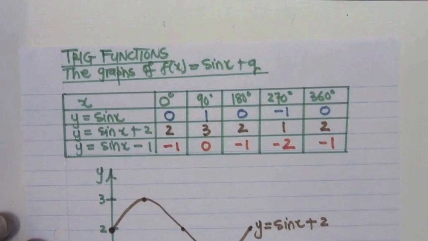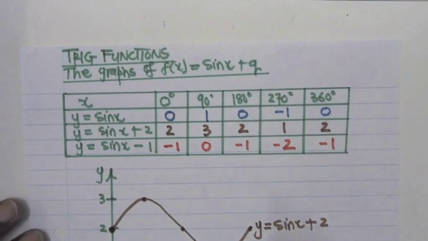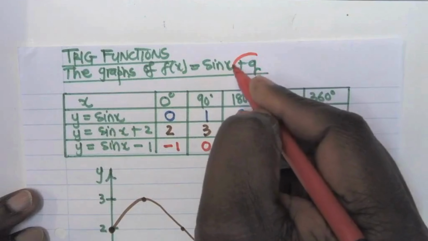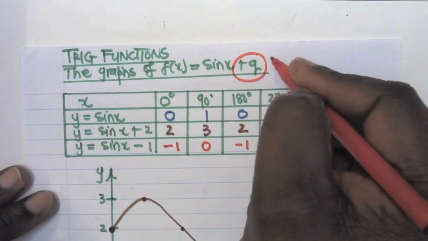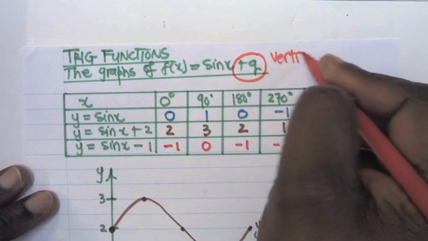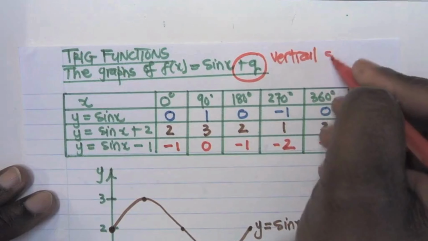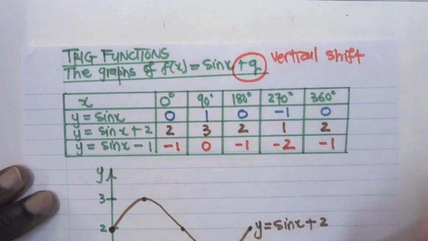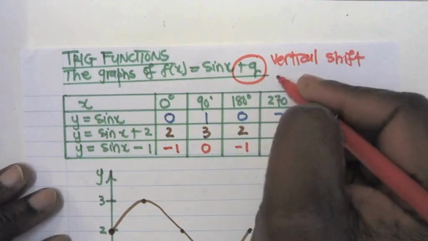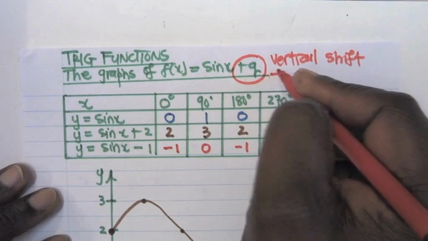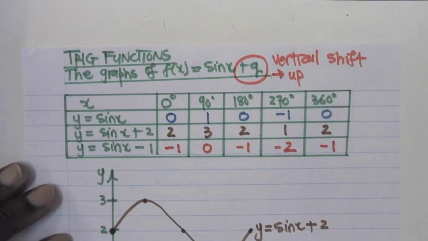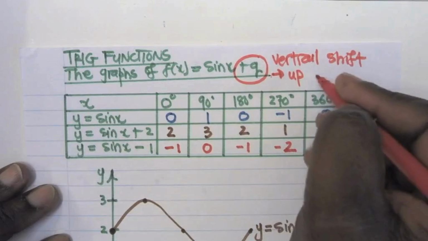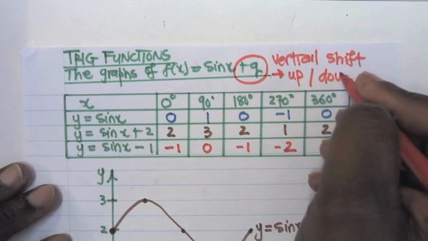So if we go back to our general equation here, we can see that this plus q here is representing a vertical shift. And the vertical shift can be up, where we shift the graph up, or we shift the graph down.